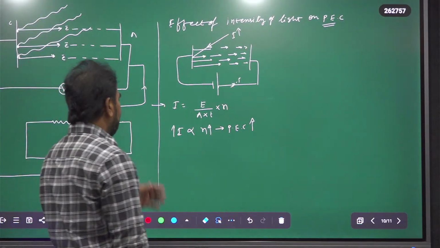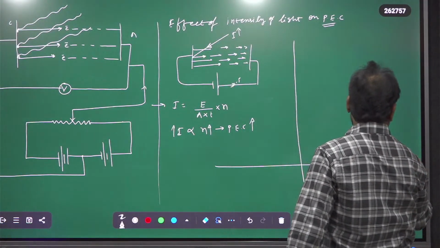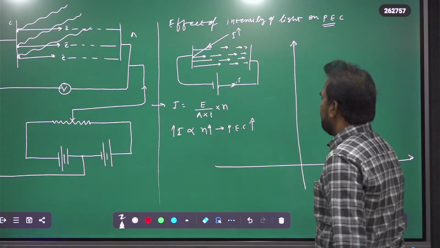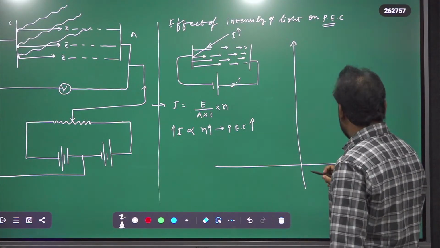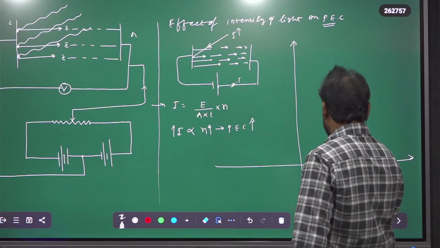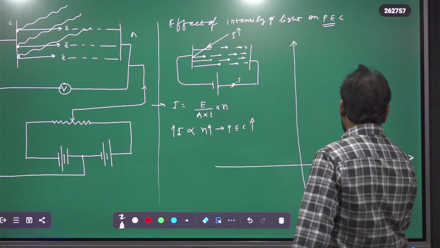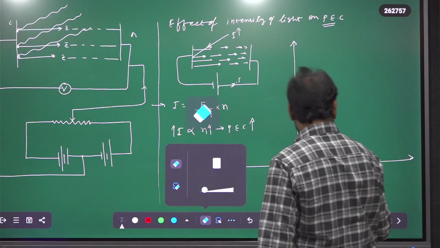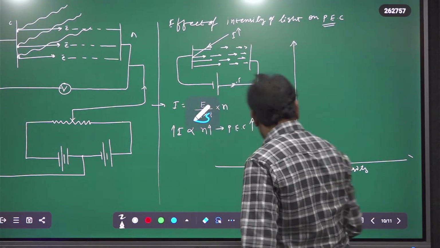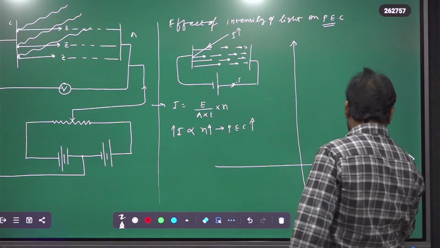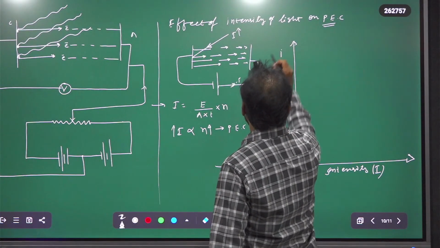When we draw the graph across photoelectric current and intensity of incident light, you can take intensity I on the x-axis and photoelectric current on the y-axis.